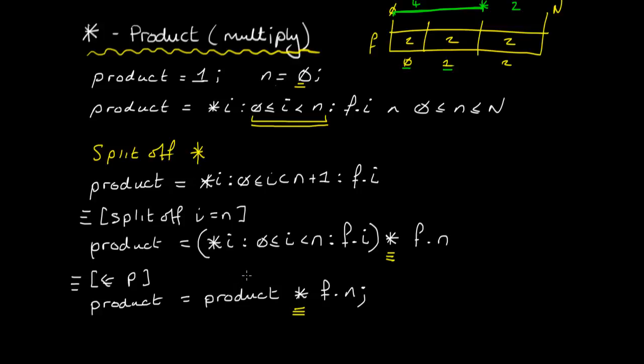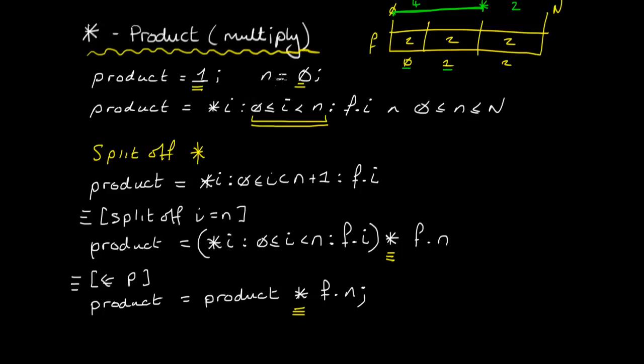So that is why it is important to set product, in this case, equal to 1. So just remember, dealing with product or multiplication, you need to initialize to 1, not to 0.